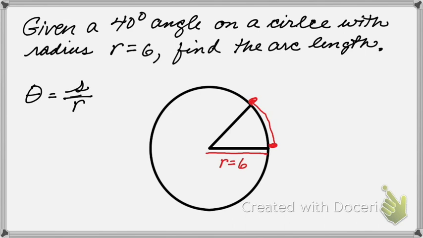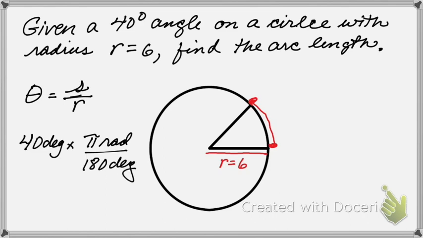So I'm going to take this 40 degrees times pi radians over 180 degrees, and that will get me radians because degrees will cancel and I'll be left with radians. So let's see there. I've got a 0, a 0, a 2, and a 2. So 2 pi over 9 radians. That's what 40 degrees is.